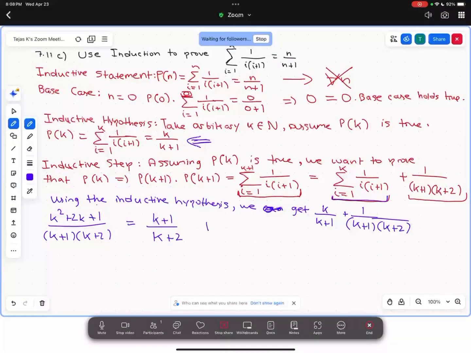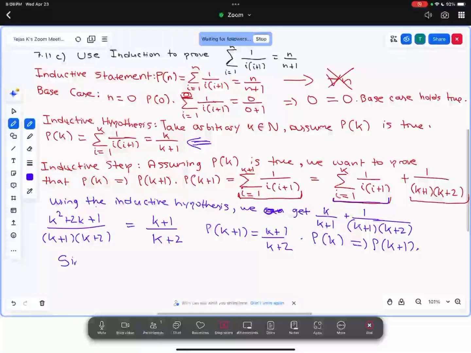as P of k plus 1, in fact, should be, as per our inductive statement, k plus 1 over k plus 2. So we've proved that it's true. So P of k implies P of k plus 1.